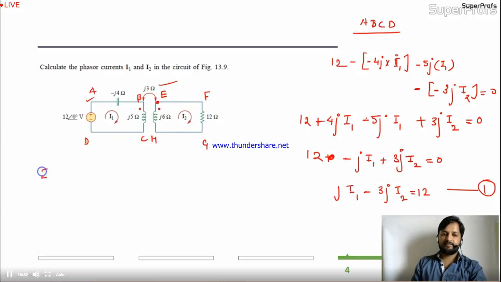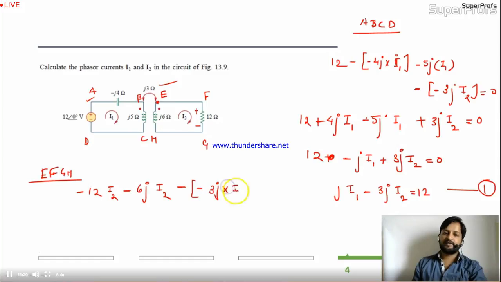Take the mesh E, F, G, H. Okay, we'll start from here. I'm getting 12 I2 with negative sign because the drop is like this. Then minus 6jI2 because of the drop. Minus again, since they are connected in series opposition, 3j into the current of the primary, equal to 0.